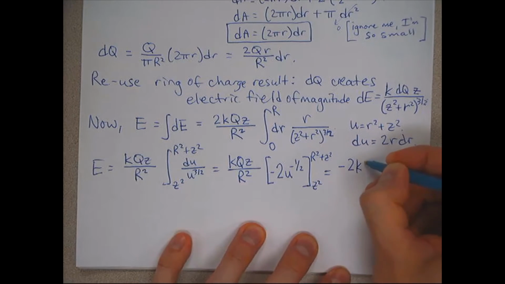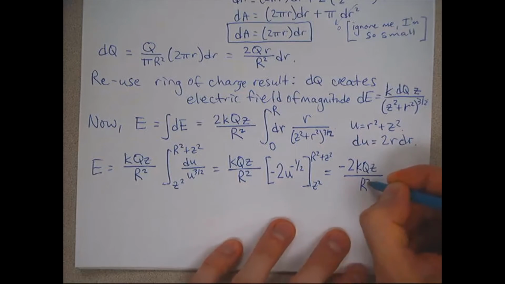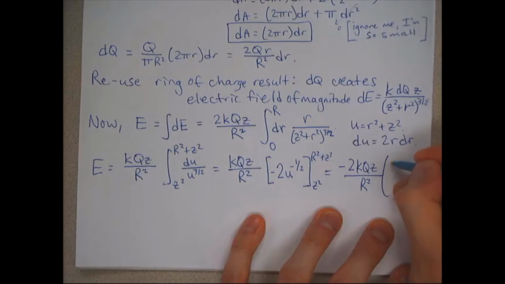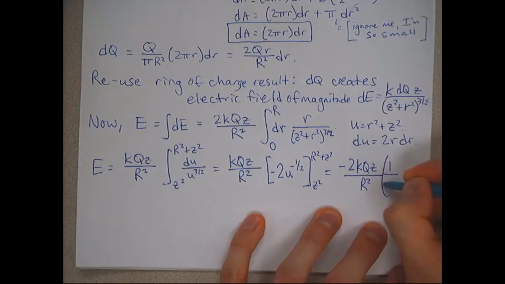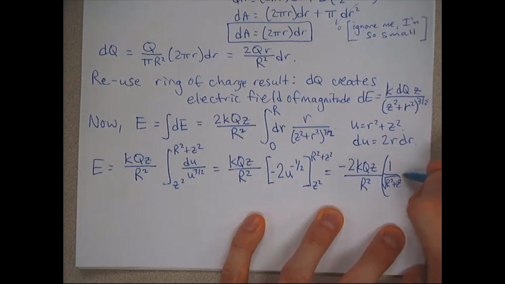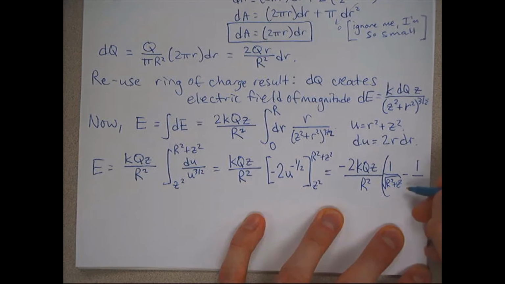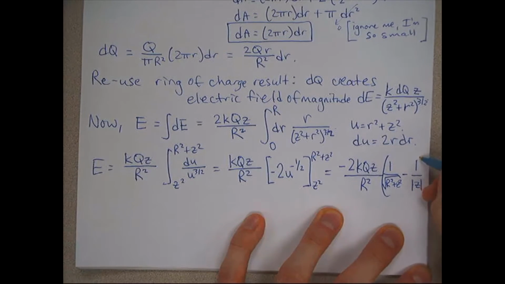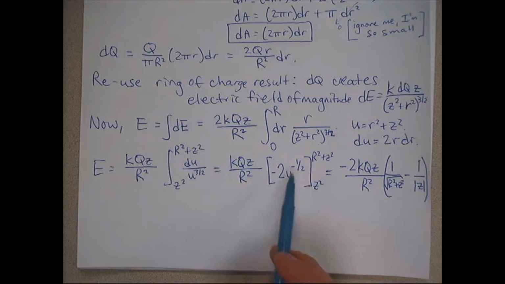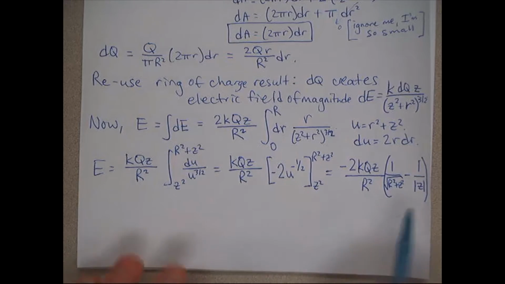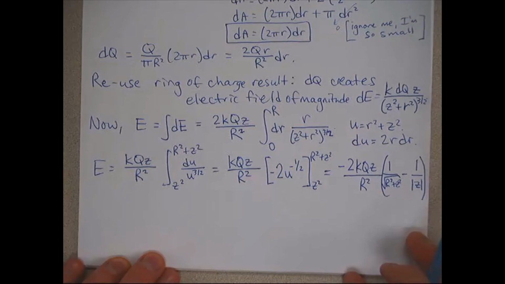Minus 2kqz over R squared, 1 over root big R squared plus z squared minus 1 over absolute value z. Because you're taking the square root of z squared, don't lose that absolute value.